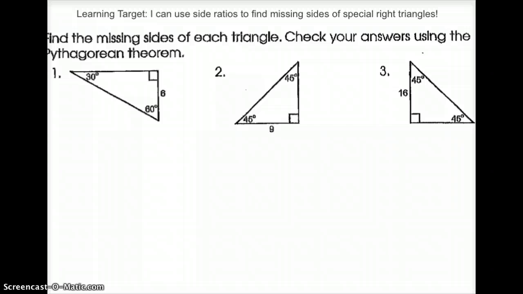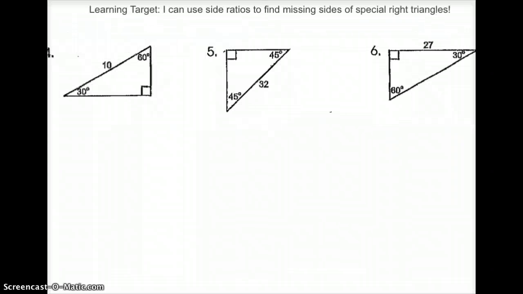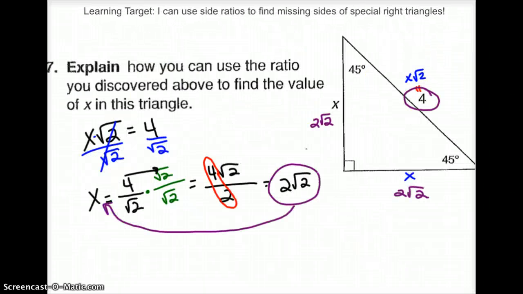Let's see. All of those ones are fairly easy. Let's do number 5. No, I'm going to do number 6, because number 5 is like that one we did. I can show you. Number 5 is a lot like this guy, where you know the hypotenuse and you set it equal to that x radical 2.